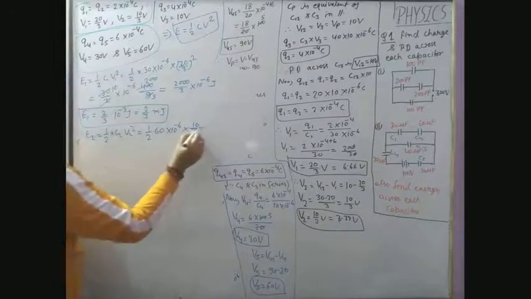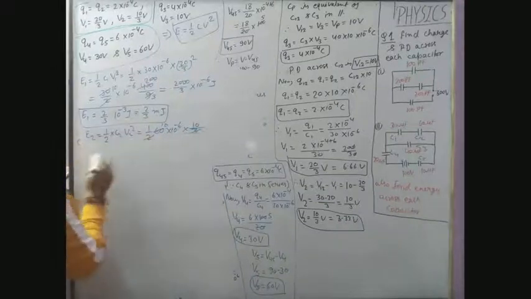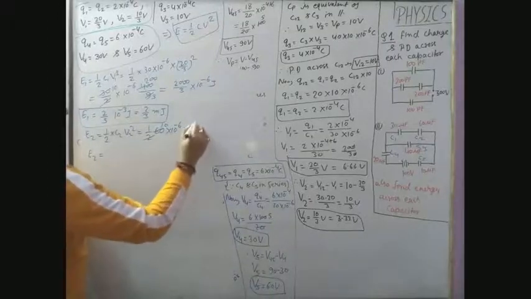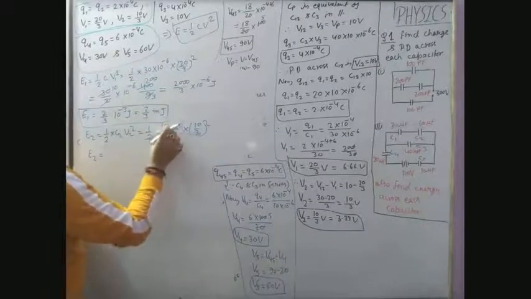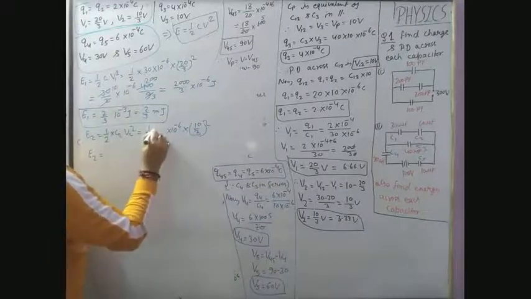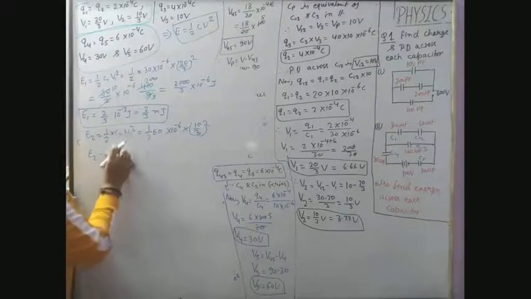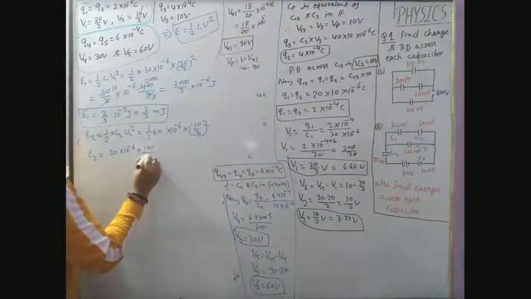Now this 3 cancels with the 10, and you will get E2 is equal to half into 60 into 10 to the power minus 6 into 10 by 3 whole square. So this will be 30 into 10 to the power minus 6 into 100 upon 9.